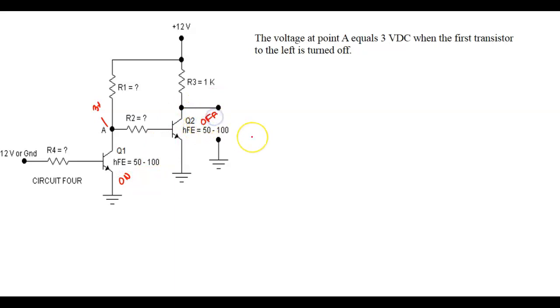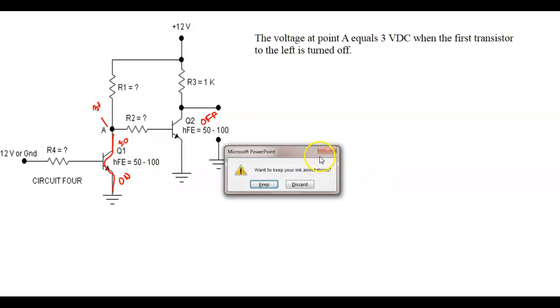Y'all understand why? Because this one goes to approximately 0 volts. I need at least 0.7 volts to turn on Q2. So when Q1 is saturated, Q2 is off. To get Q2 on, I have to turn Q1 off.